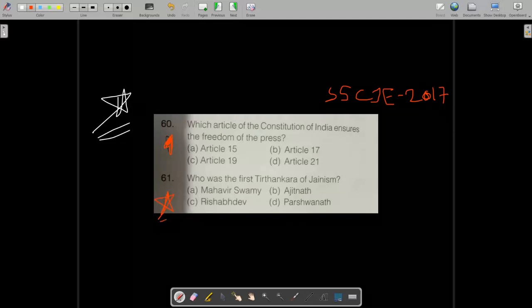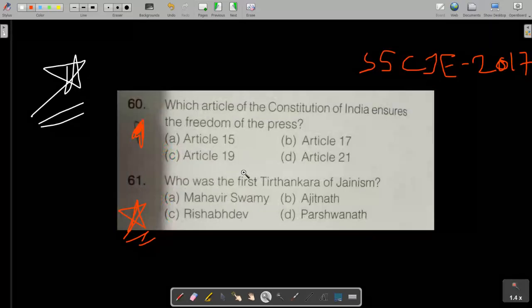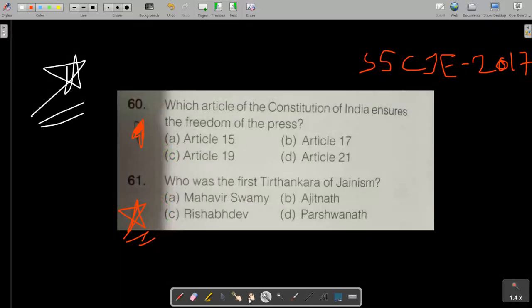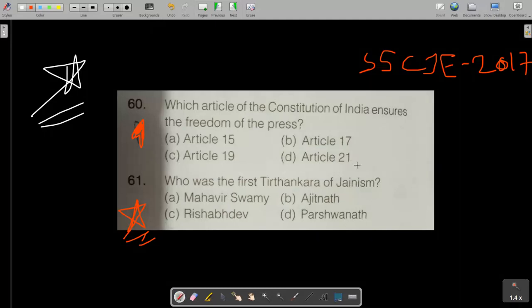Today there are two questions. The first question is, which article of the Constitution of India ensures the freedom of the press? Option A, Article 15. Option B, Article 17. Option C, Article 19. Option D, Article 21.